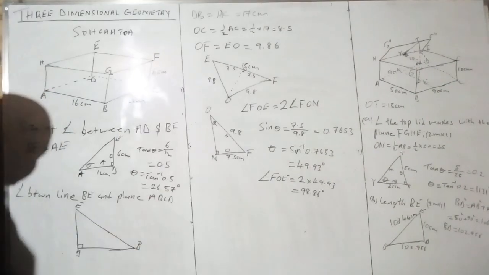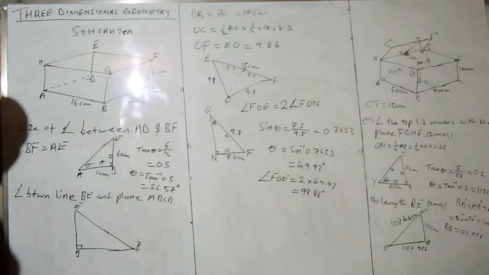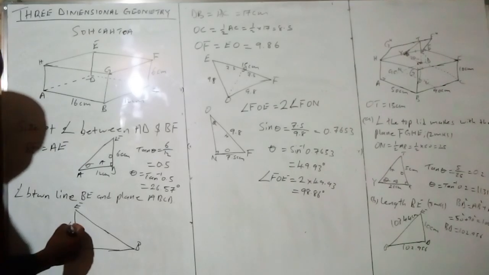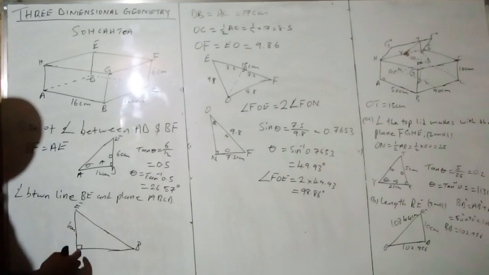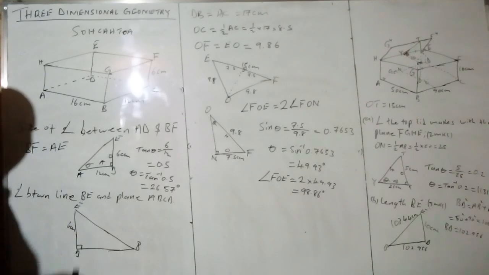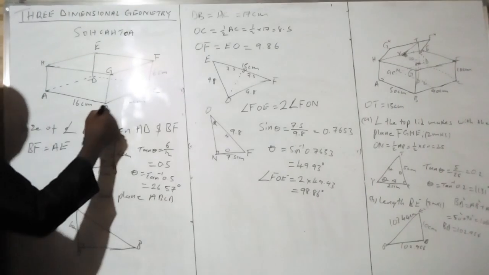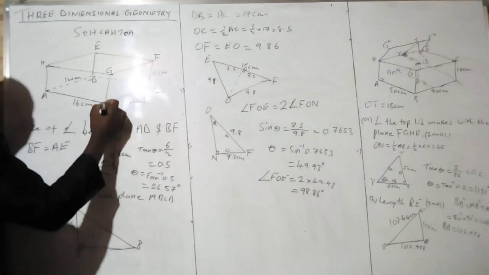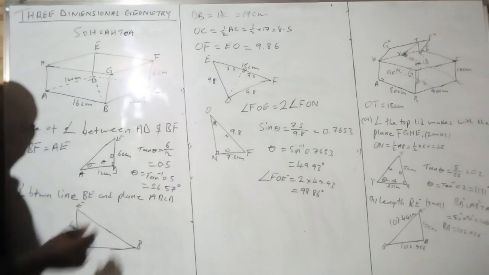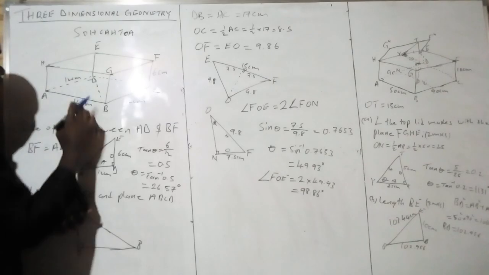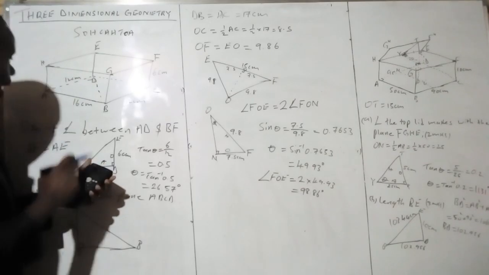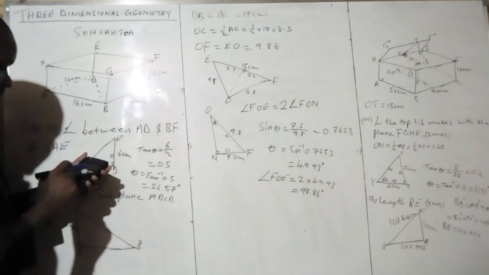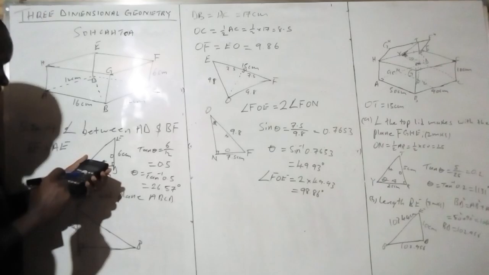Then next, we know that ED is 6 centimeters. DB we don't know, but you can get DB. BC is equal to AD, 12 centimeters. So you can get DB using the Pythagoras theorem. We say 16 squared plus 12 squared, square root of 400, it's 20. DB is 20 centimeters.